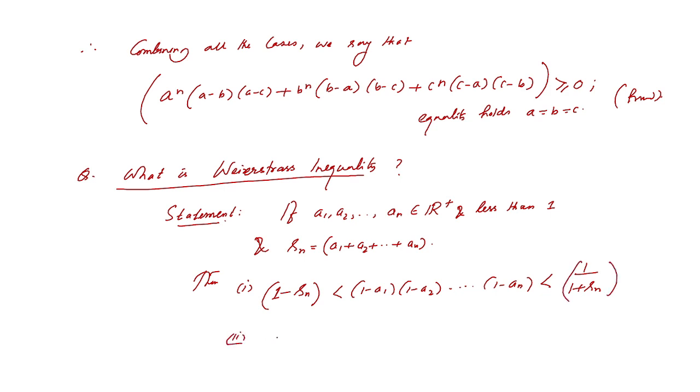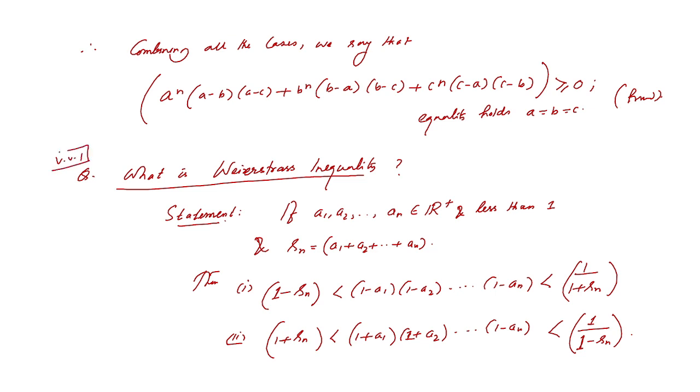And the second inequality: 1 plus Sn is less than (1 plus a1)(1 plus a2) dot dot dot (1 plus an), and that quantity is less than 1 by (1 minus Sn). So this is very important, and we need to recall the inequality as it is. This inequality is called Oster's inequality.